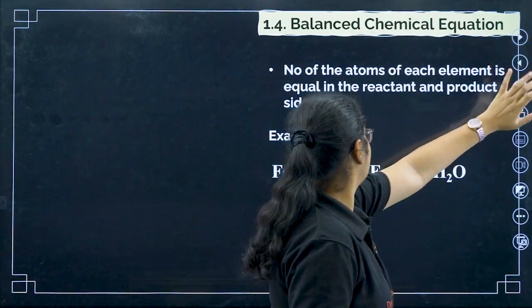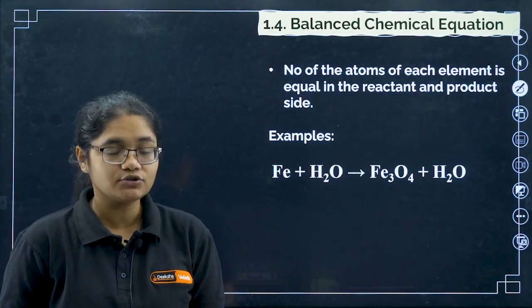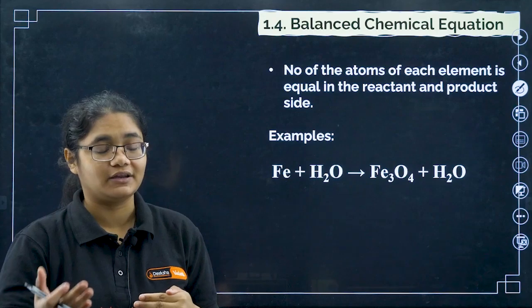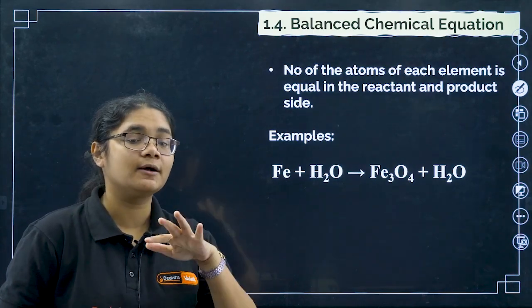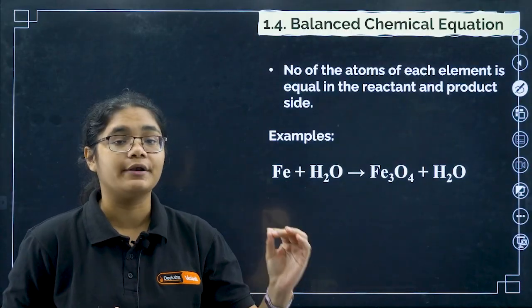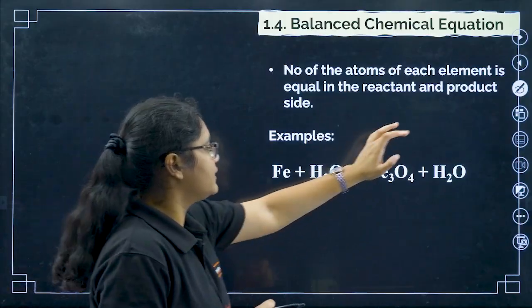Now we have the next thing, that is a balanced chemical equation. If you have the same number of atoms of a particular element on both sides, reactants and products, then we call it a balanced reaction. Otherwise it is not a balanced reaction. Let me give you an example.